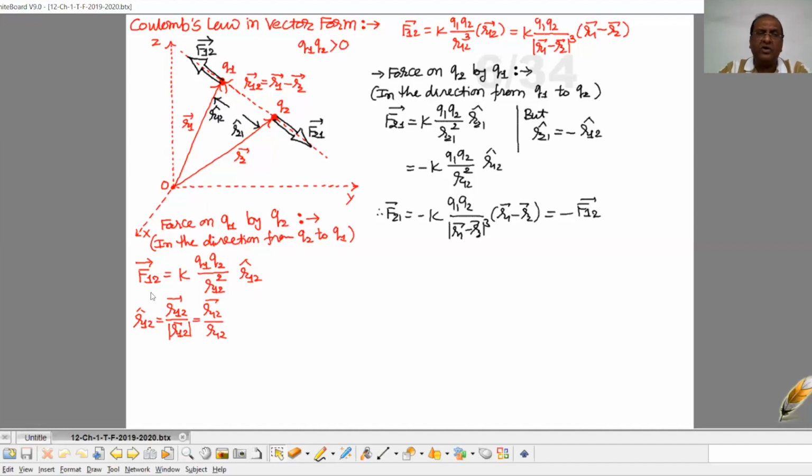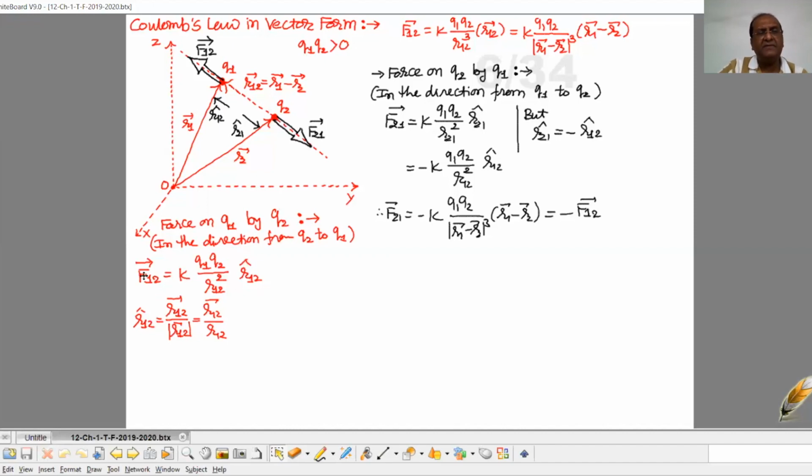Now the force on 1 by 2 is k q1 q2 upon r12 square. To give it vector notation, we have to multiply it by a unit vector in the direction of the force. Suppose in this direction of the force, the unit vector is r12 caret.